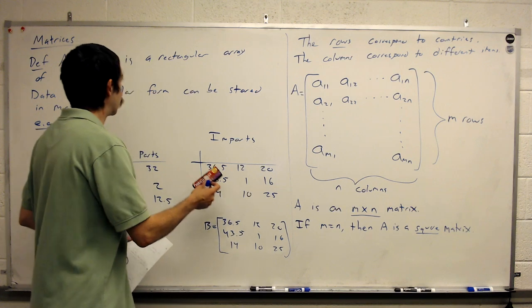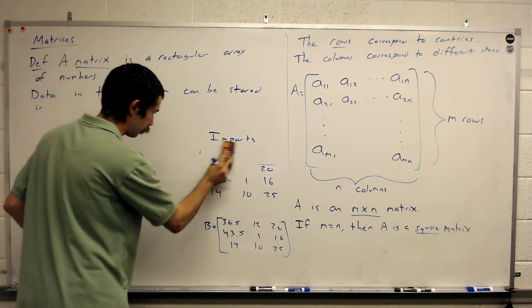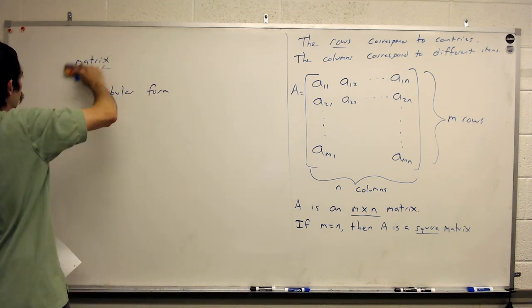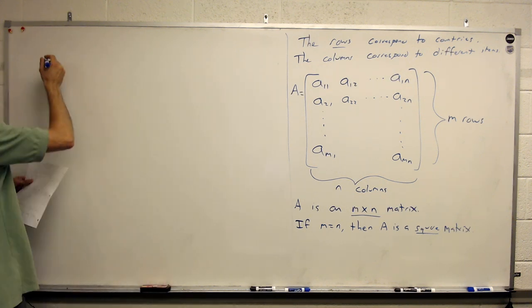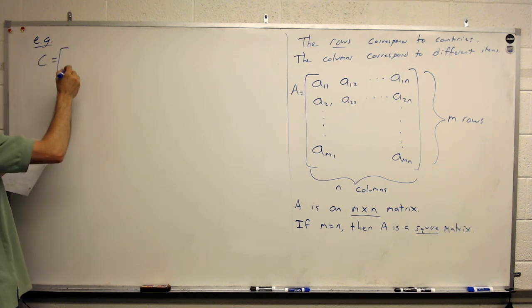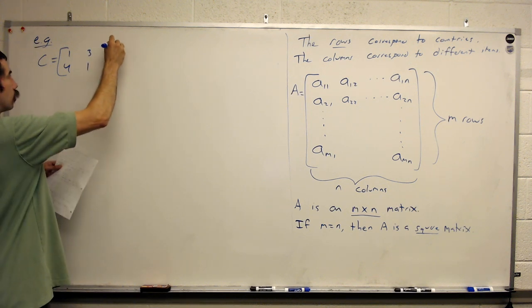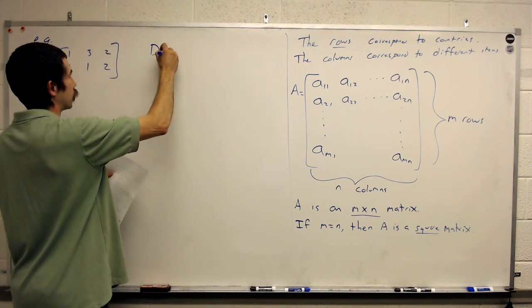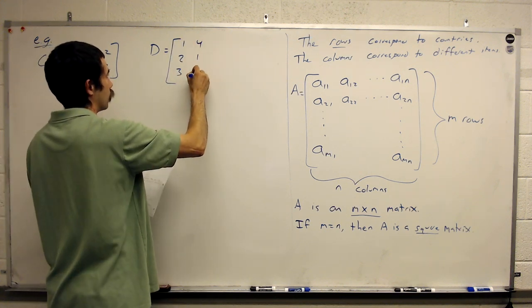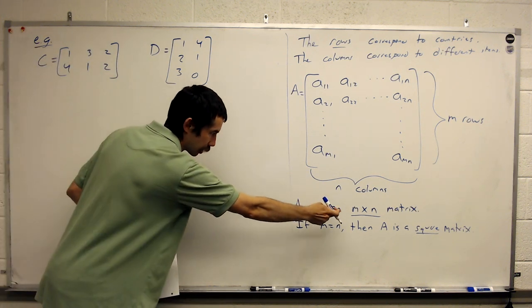All right, so let's just look at a quick example. Suppose we have the matrix C: 1, 3, 2, 4, 1, 2, and another matrix D: 1, 2, 3, 4, 1, 0. We want to find what is called the size of the matrix.